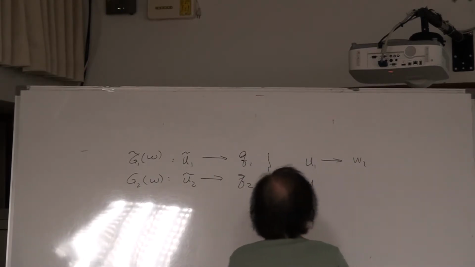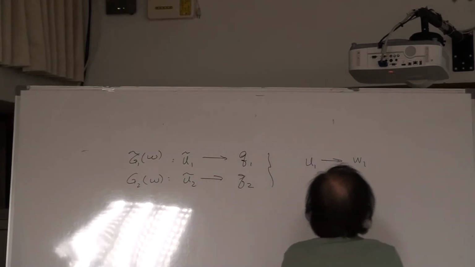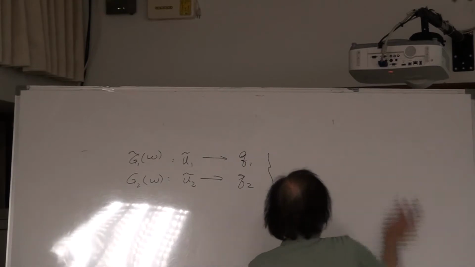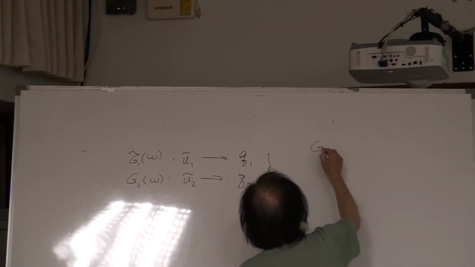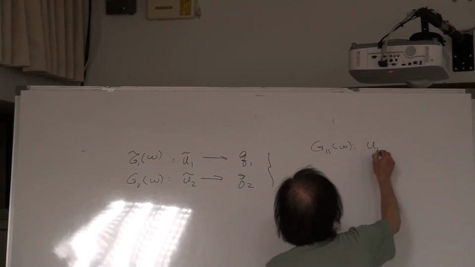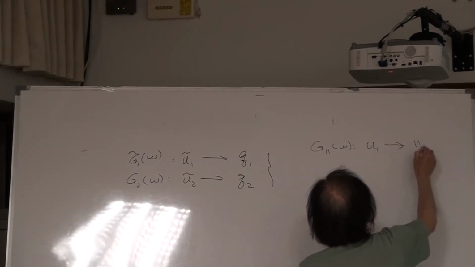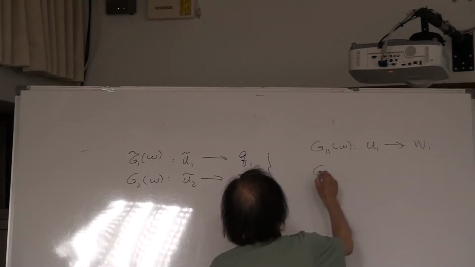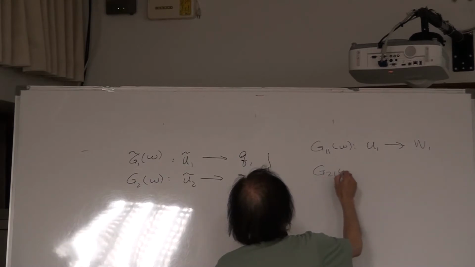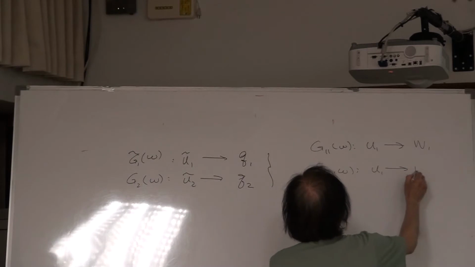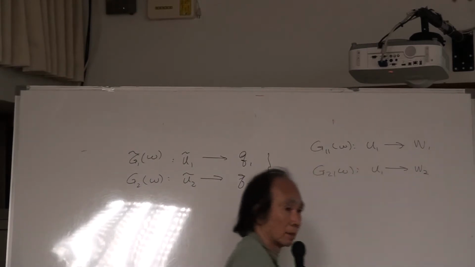Last week we have U1 to W1, let me write here. Last week we have G11 omega is from U1 to W1. And then we have G21 omega is from U1 to W2, right?